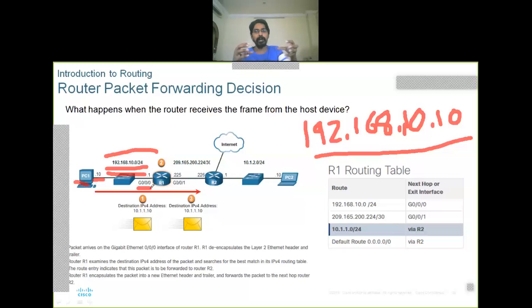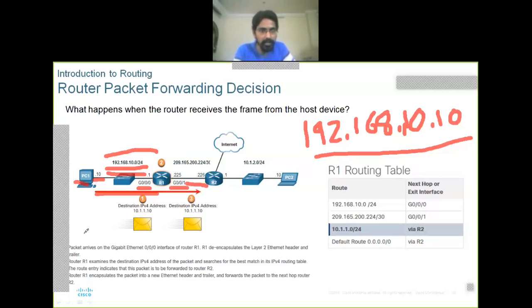Like our system has a NIC card, the router has interfaces, and those interfaces are gigabit ports, for example G0/0/0 and another port G0/0/1, the second one. So two router interfaces were connected to two different networks. The first interface is connected to this LAN, and the second interface is connected to the next router, R2. Got my point?